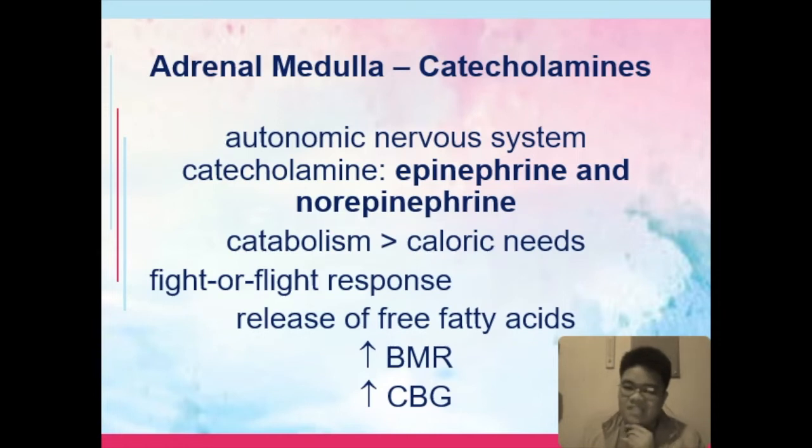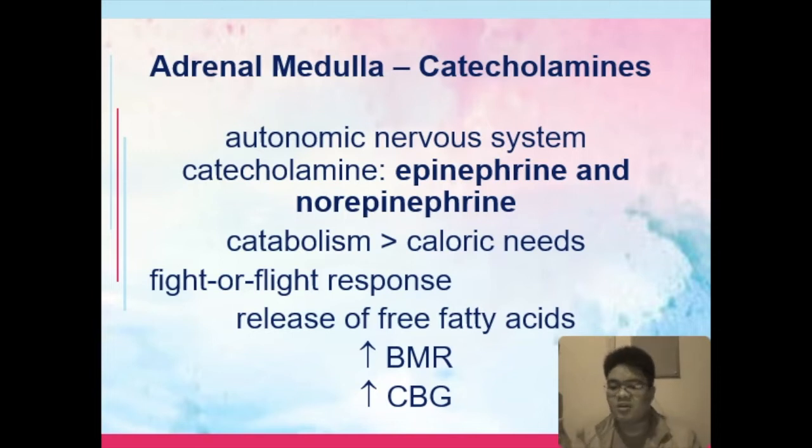Now, adrenal medulla. Recall earlier that your adrenal medulla would release your catecholamines. So what are these catecholamines? Your catecholamines would act directly on your autonomic nervous system. Examples of which are your epinephrine and your norepinephrine. Now think epinephrine and norepinephrine.